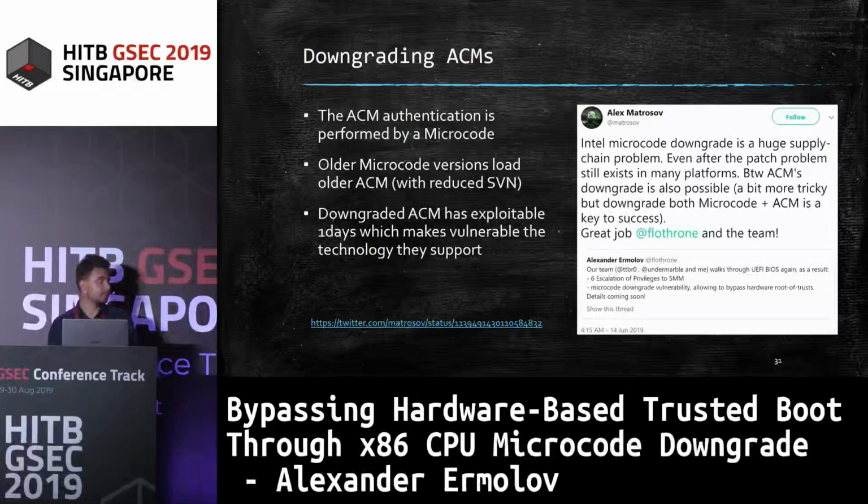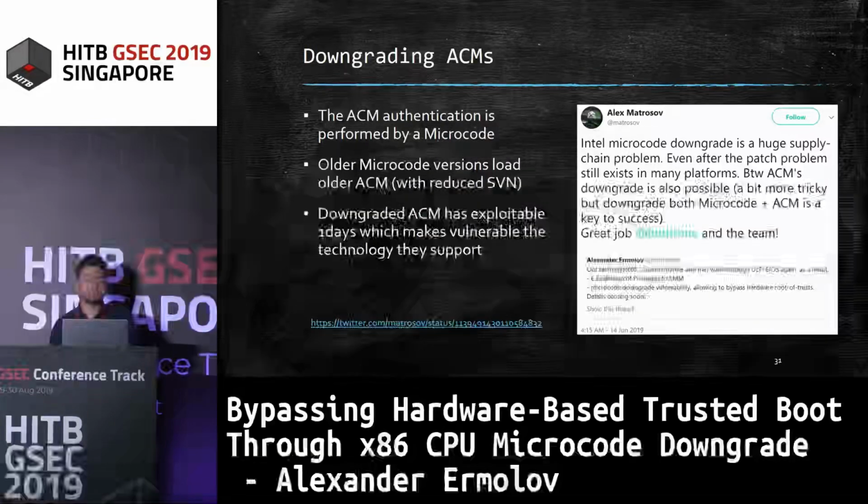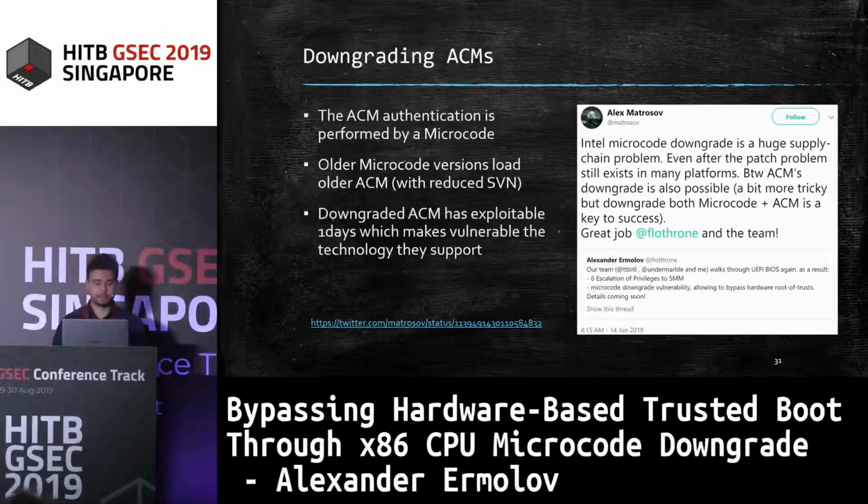This is possible because the ACM authentication is performed by microcode. So it allows to exploit 1-days and influence the technologies that are supported by ACM. These are BootGuard, BIOSGuard, and Intel TXT.